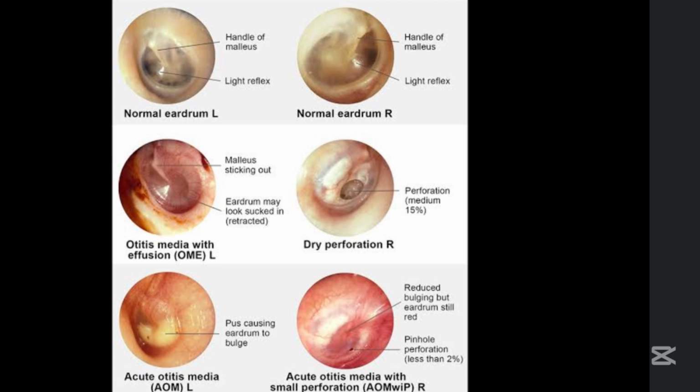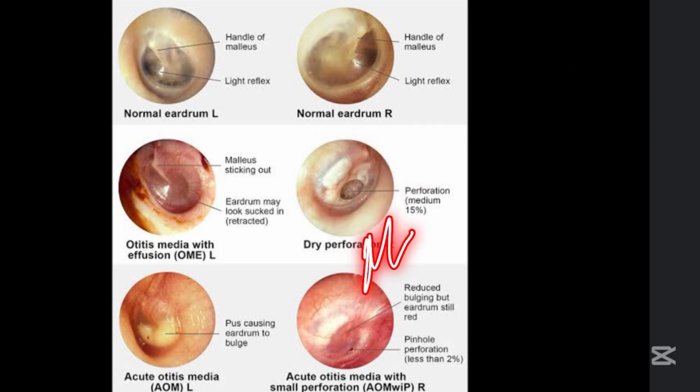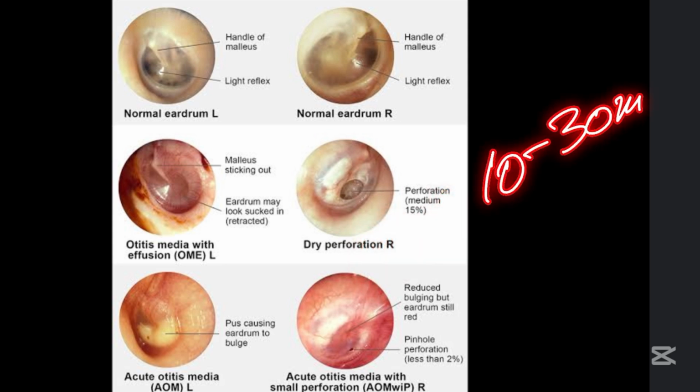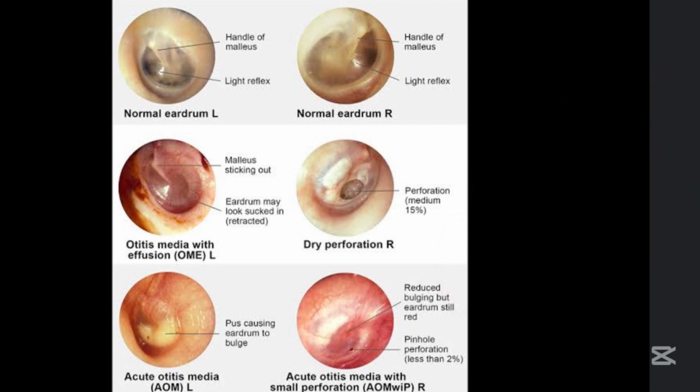A small perforation is often less than 10 millimeter in diameter, the medium size perforation would be between 10 and 30 millimeter, whereas the large perforation will be more than 30 millimeter in diameter. Okay, so these are the sizes of perforation.